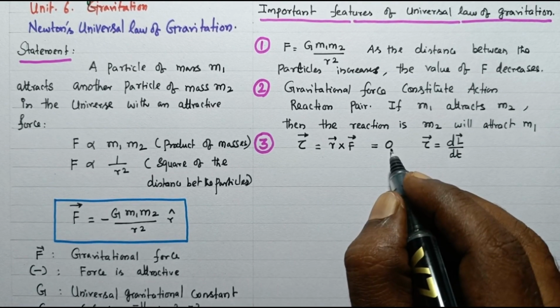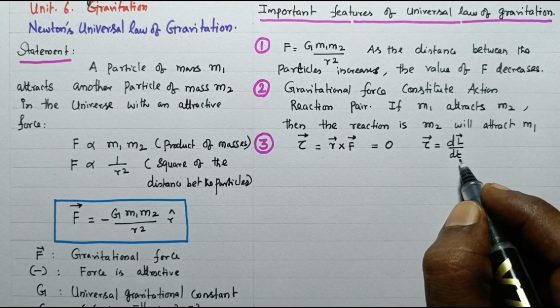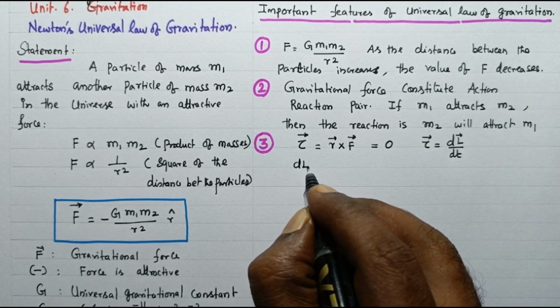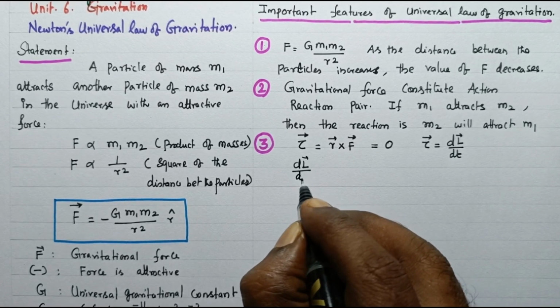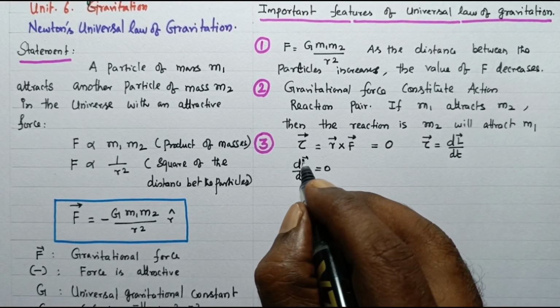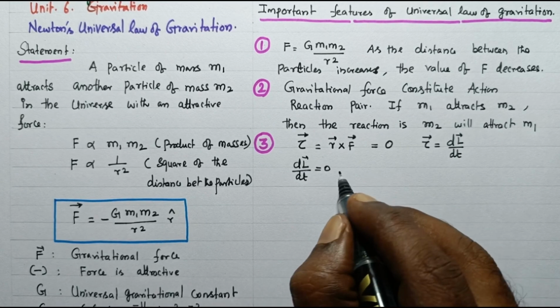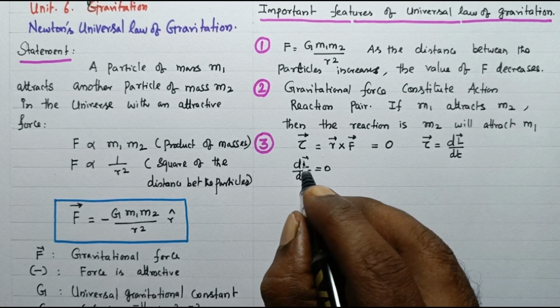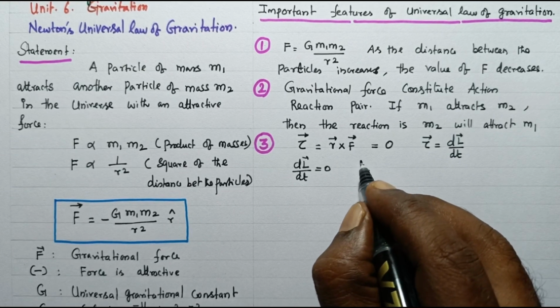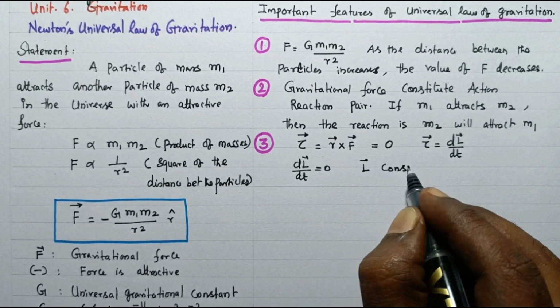Therefore dL by dt is equal to 0, which means that L should be a constant.